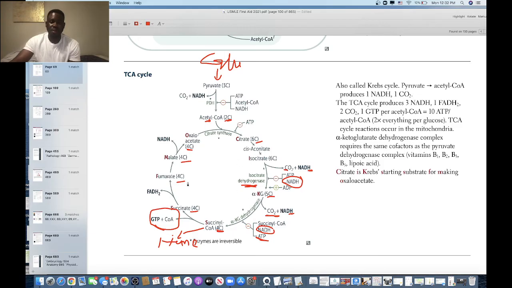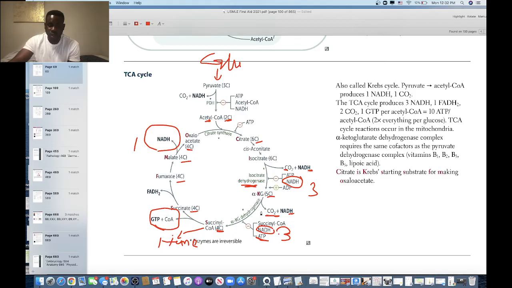The things that you want to remember here is that this 3 NADHs, 1, 2, 3, NADH. You have to pay attention to them, because you won't like asking where they are found.